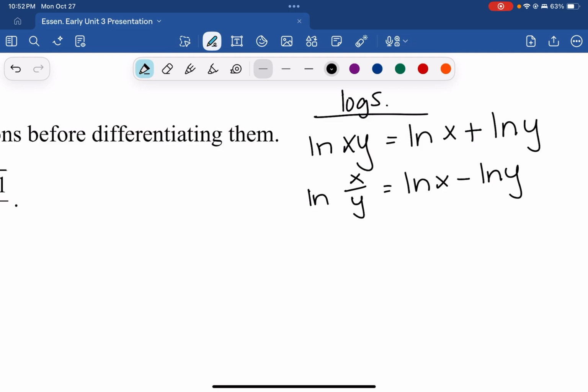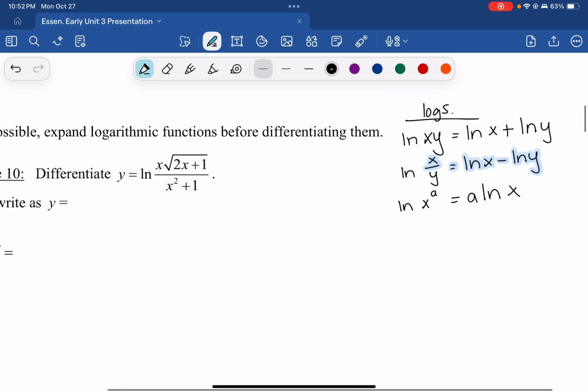And then one that we saw already, if I have the natural log of x to a power, I can rewrite this as a times the natural log of x. Okay, so those are some things that will come in handy when we're looking at logs and natural logs.